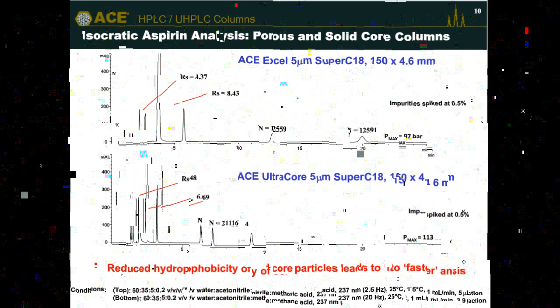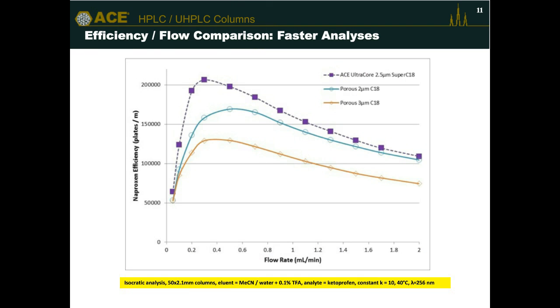So for a given efficiency, you can use a higher flow rate and reduce your runtime. What you pay with is back pressure. If we just look at this fully porous 2 micron particle here, you can see for a certain efficiency, so just over 150,000, your flow rate is 0.5-ish.